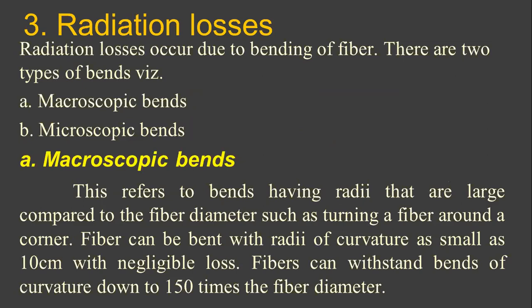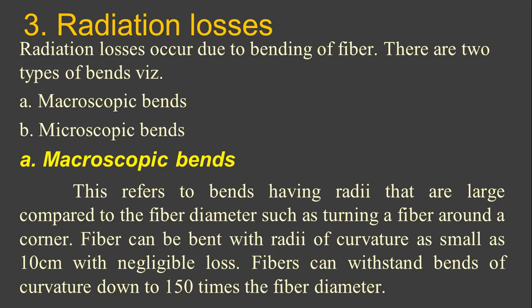So I'll go to the third type of loss, that is the radiation losses. Radiation losses occur due to the bending of the fiber. There are two types of bends, namely macroscopic bends and microscopic bends.